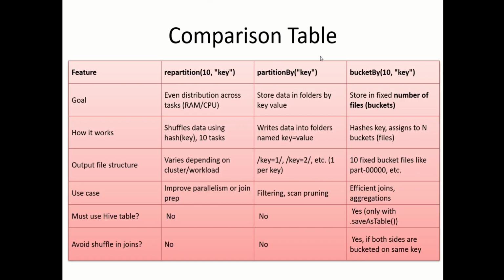So I have created a comparison table to help you understand the difference between repartition, partitionBy, and bucketBy. Here you can see the goal of repartition is to distribute data evenly across tasks. When you use repartition, it will distribute the DataFrame equally across the partitions.